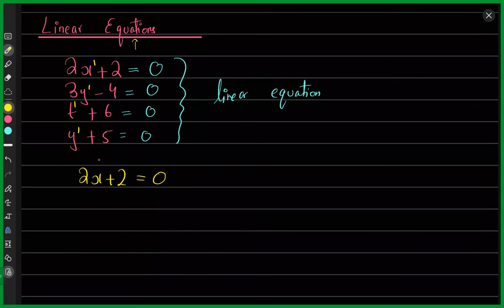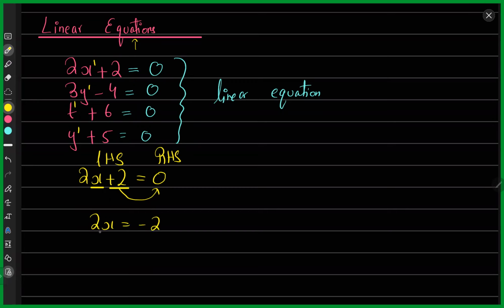This is the left hand side, this is the right hand side, this is my variable. I need to make it alone, so I'll take this positive 2 on the other side and it would become 2x equals minus 2. So I have taken this positive 2 to the other side and it became minus 2.